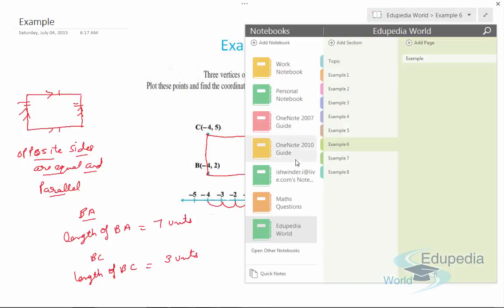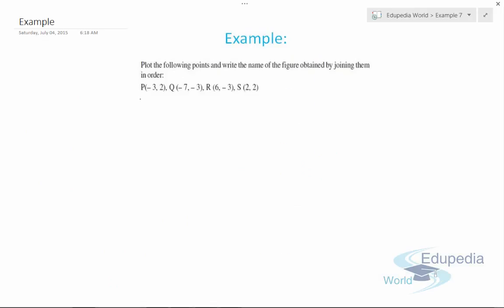Now let's move on to example number 7. Example number 7 says we have to plot the following points and write the names of the figure obtained by joining them in order. We have to obtain the figure. Now suppose, let's draw a plane first. Suppose this is a plane. This is x dash, this is y, and this is y dash.